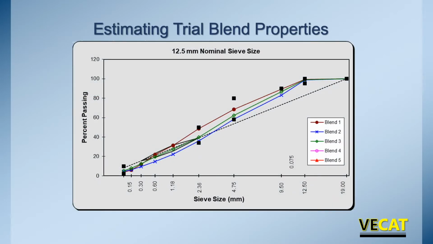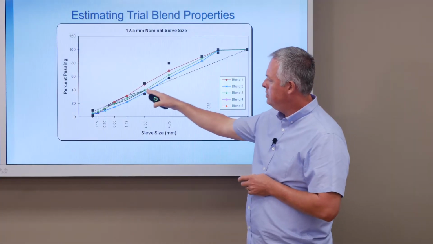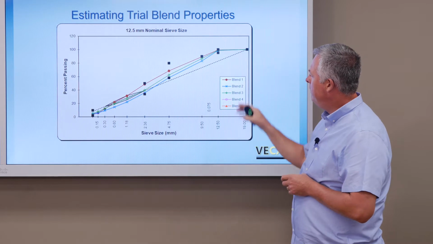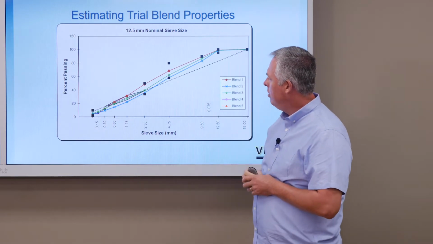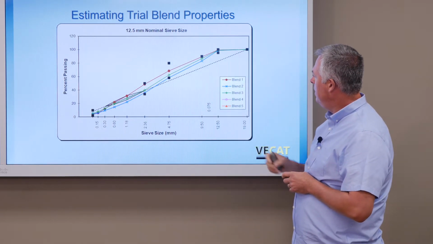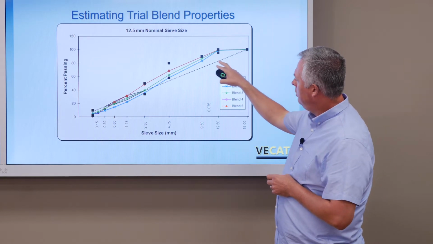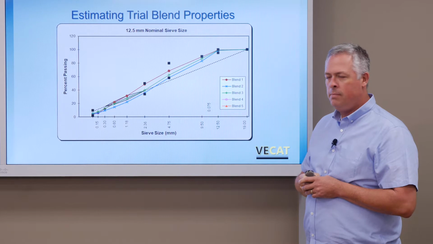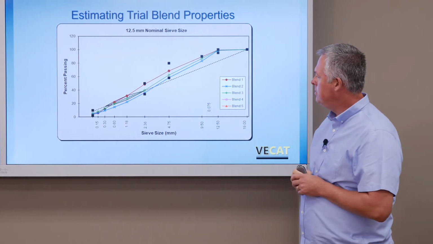This is our Power 45 chart that's got all three of our blends posted up here. Blend 1 is that finer blend. If you remember, it's the virgin mix blend that we had put together. It's a little bit on the fine side of the curve. The second blend is blend 2, which is on the low side of the curve. This is the one I think that has 10% RAP and fully manufactured sand in it.